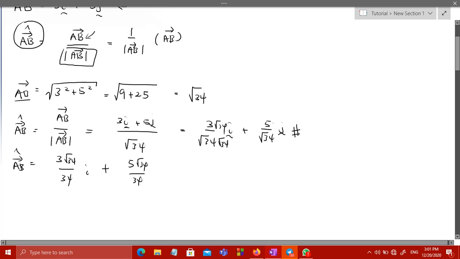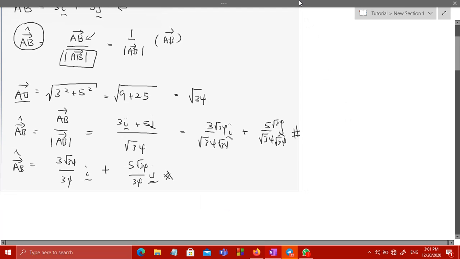This is the same thing, root 34 times root 34, so when you multiply the roots, you get 34. Okay, that's how we find the unit vector.